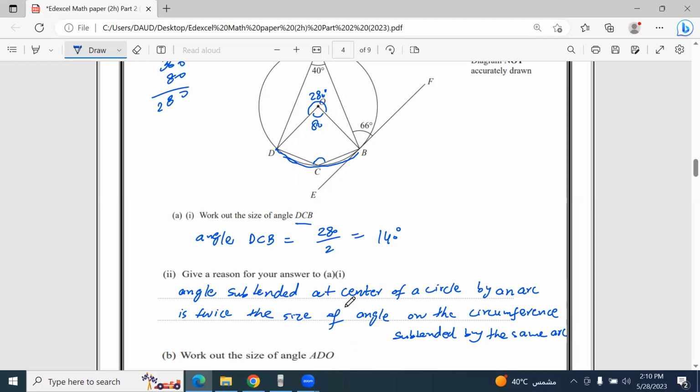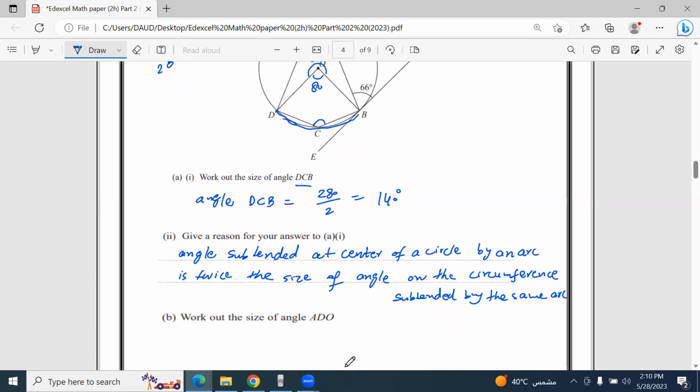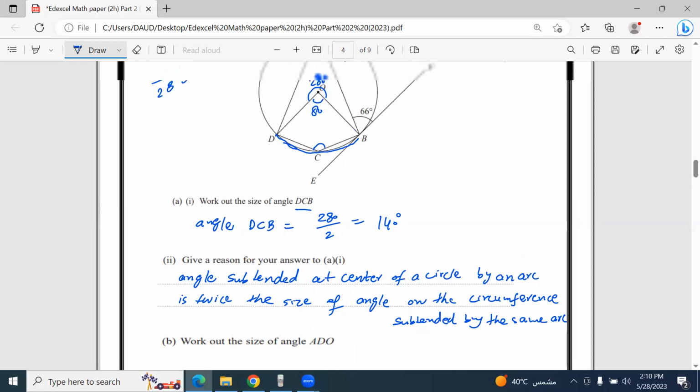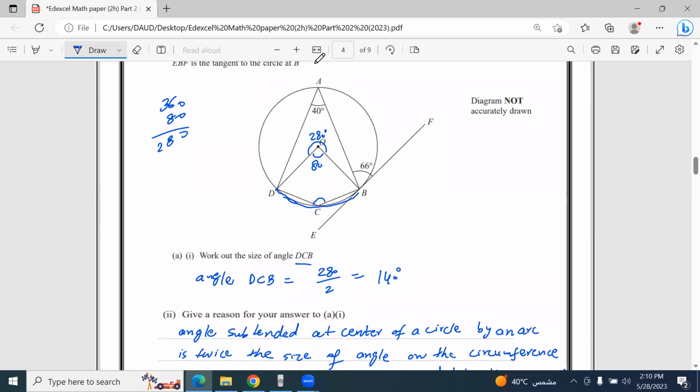After this, they want us to work out the size of angle ADO. ADO. So it means they want this angle, yes. So as I said in the start, the angle between the tangent line and radius is always 90, means this angle is 90.